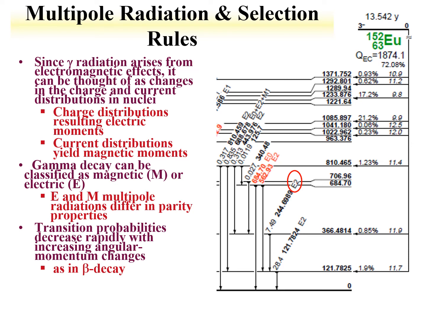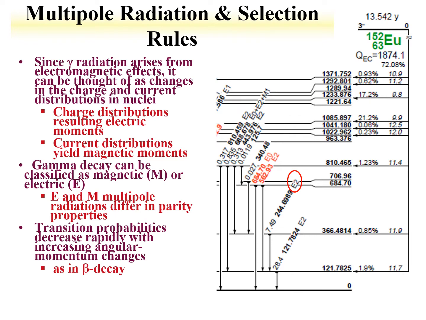And if we think about charges and currents, we can talk about these distributions in terms of electric moments, if it's the charge distribution, or if there's a change in current, that can be thought of as a magnetic moment. So we can describe gamma decay as either magnetic, if it's yielding from a change in currents, or electric, if it's a change in charge.